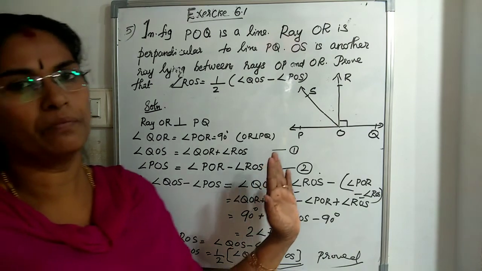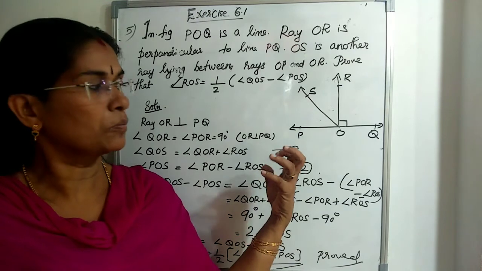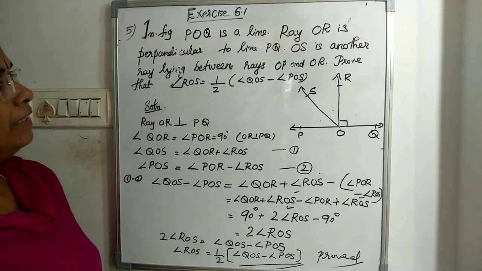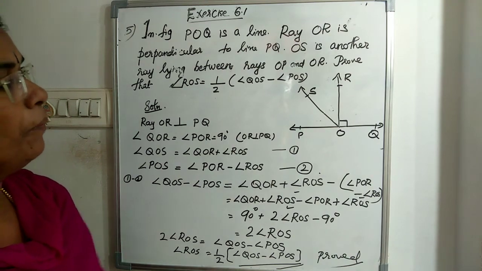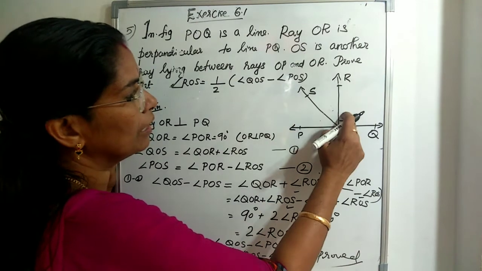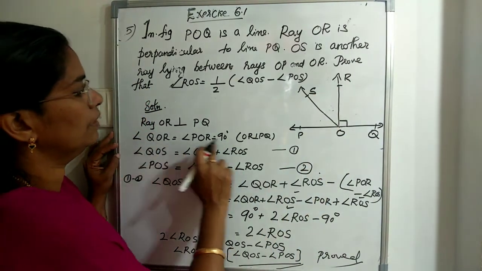I want to explain one more time because this question is very important. In this exercise 6.1, an important question is this one. Given OR is perpendicular to PQ, so we can say angle QOR equal to angle POR equal to 90 degree. Clear this line?